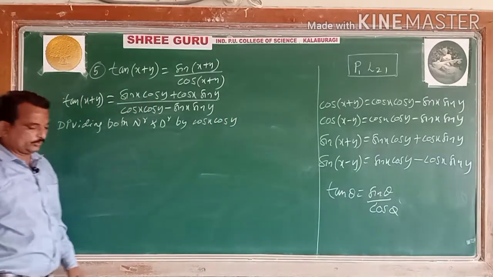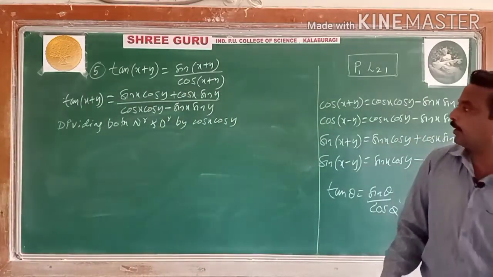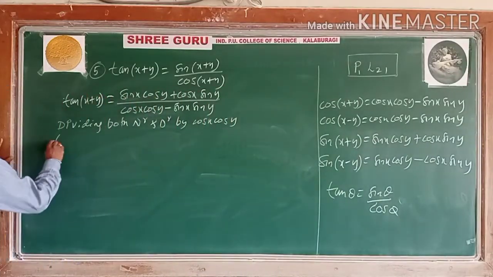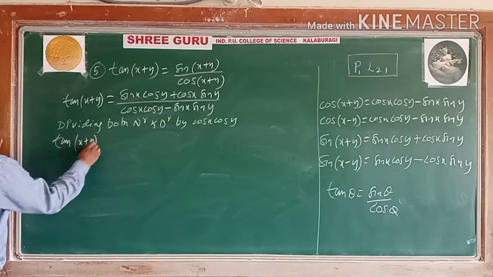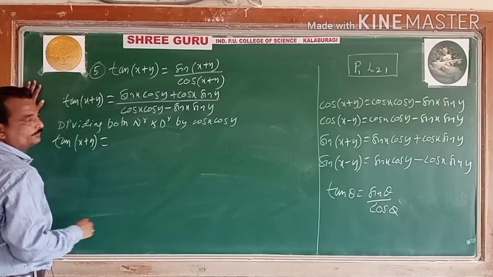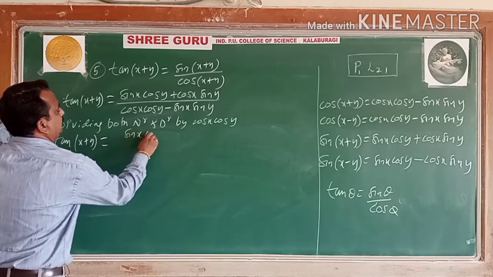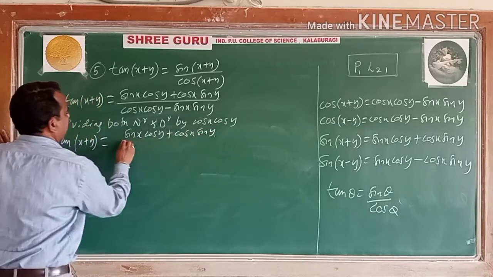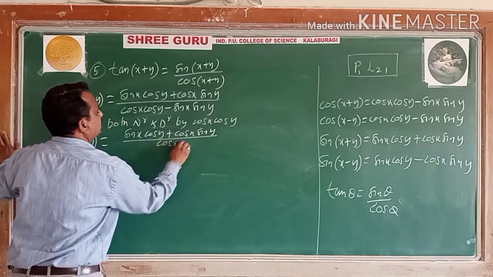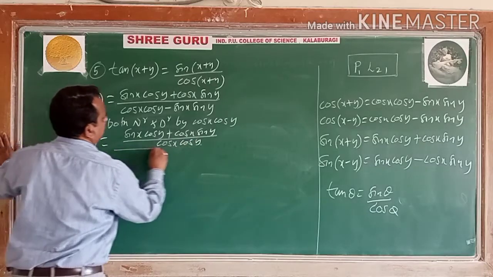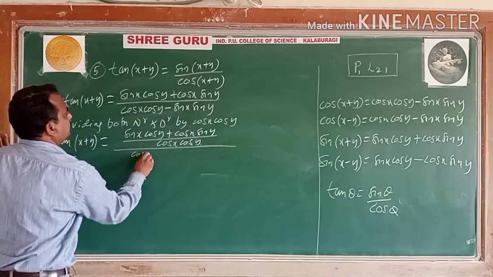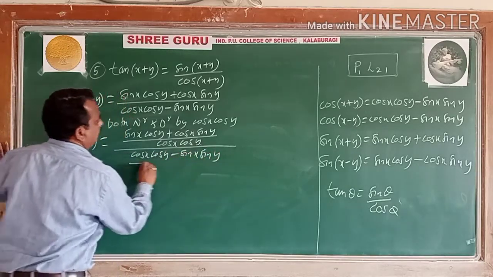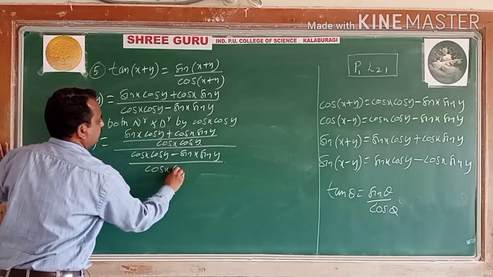On the right-hand side: sin x cos y plus cos x sin y, divided by cos x cos y, whole divided by cos x cos y minus sin x sin y divided by cos x cos y.